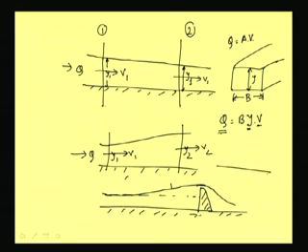Similarly, suppose a channel section has a drop like this, and flow is coming from this side and falling like this. This surface is also a non-uniform flow, which changes with space. Here it is y1, here it will be y2, different. So like that we can have uniform flow and non-uniform flow.